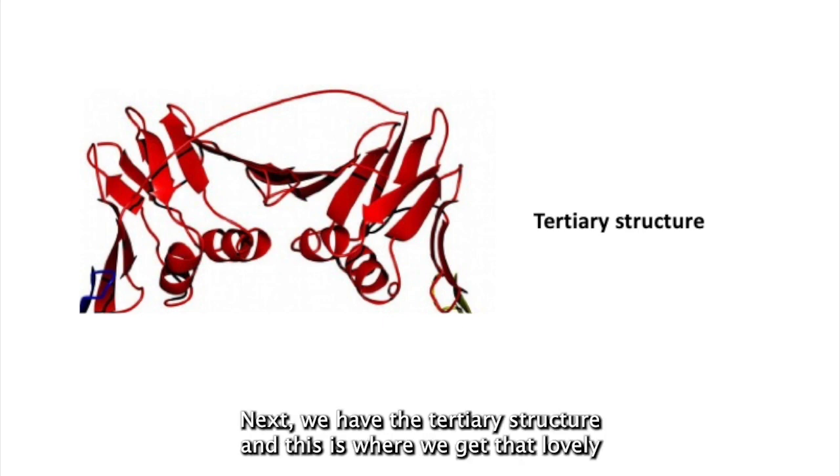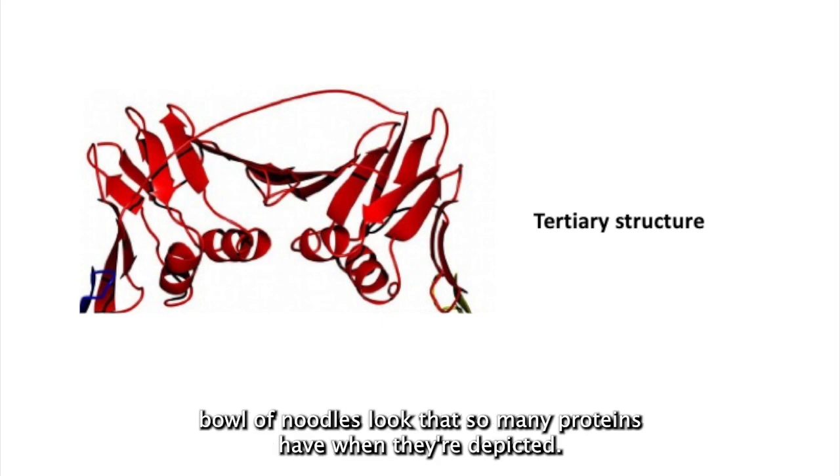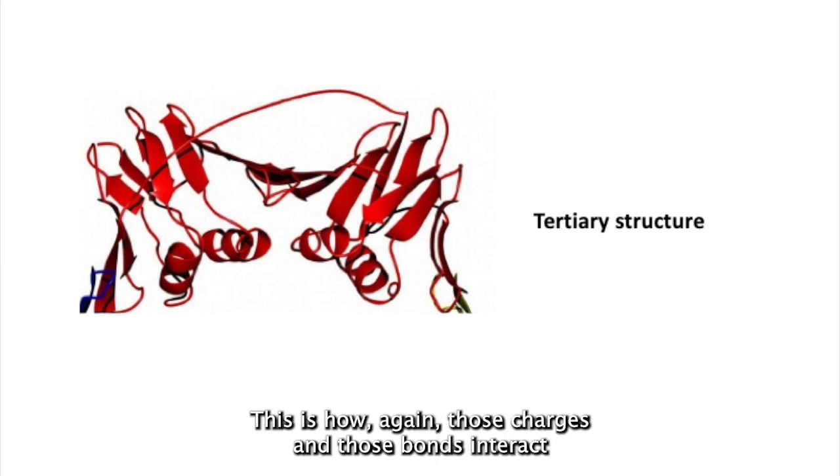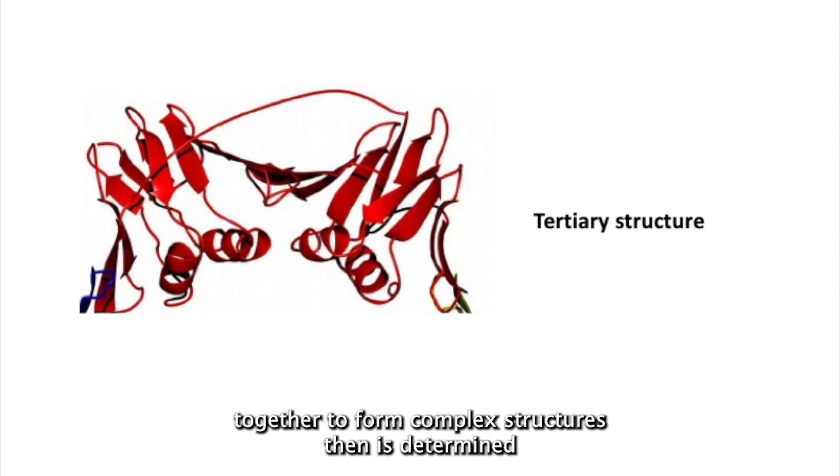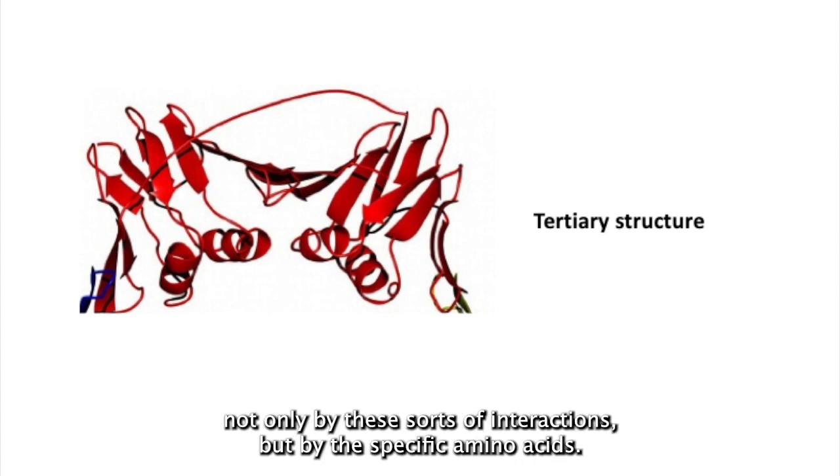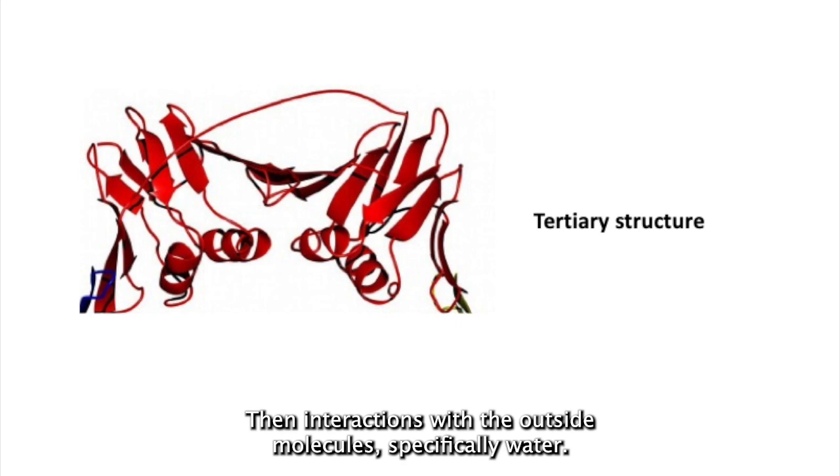Next, we have the tertiary structure, and this is where we get that lovely bowl of noodles look that so many proteins have when they're depicted. This is how, again, those charges and those bonds interact together to form complex structures. It is determined not only by these sorts of interactions, but by the specific amino acids, then interactions with outside molecules, specifically water.